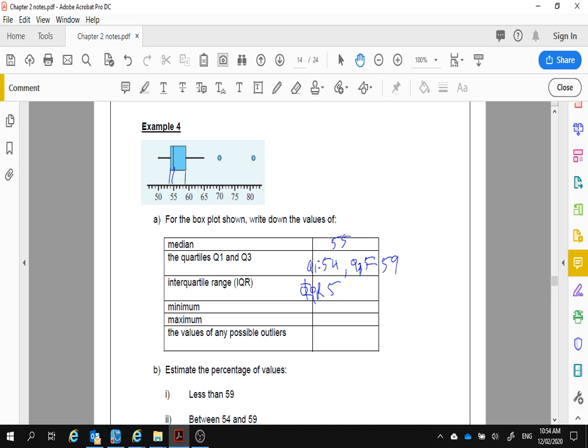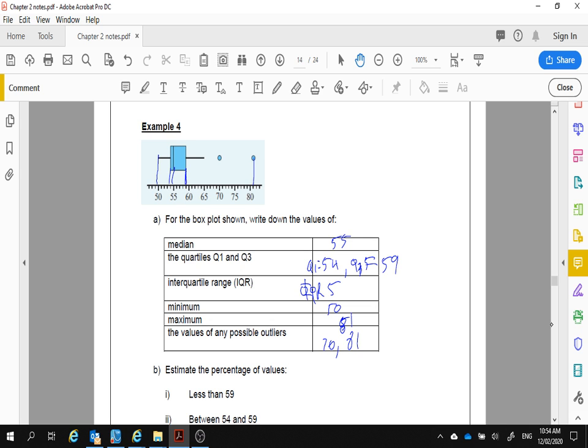Minimum number there I can see is 50. Maximum number 81. Possible outliers are 70, that should be 81, and 81.